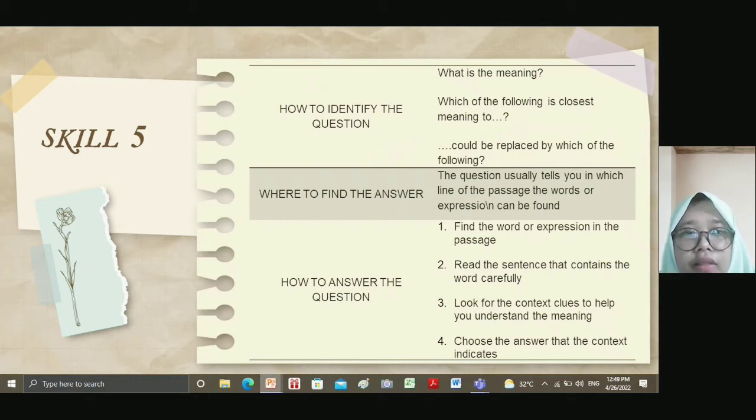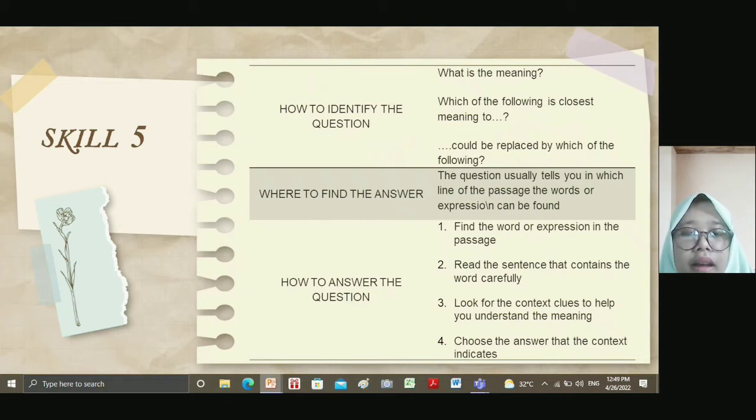The questions are identified as follows: What is the meaning of...? Which of the following is closest in meaning to...? Could be replaced by which of the following? Next, where to find the answer? The question usually tells you in which line of the passage the word or expression can be found.